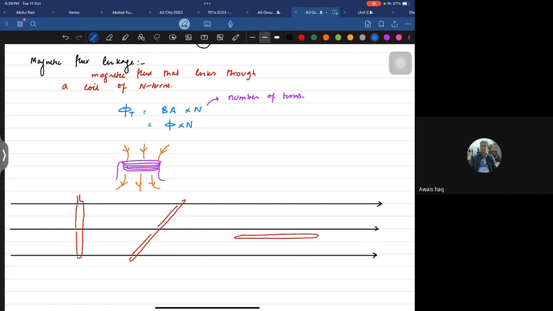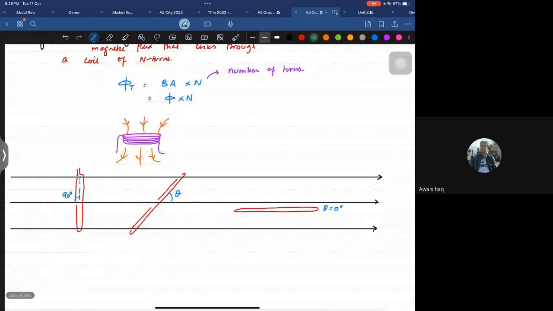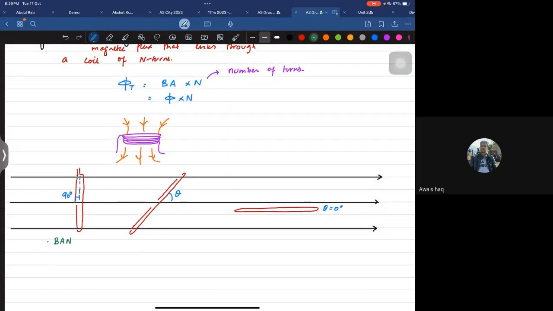In this case, the wire is at 90 degrees from the magnetic field, and then this one is at a certain angle theta, and this is basically at 0 degrees, which means that the magnetic flux here is going to be like that, and here the linkage is going to be BAN sine theta.